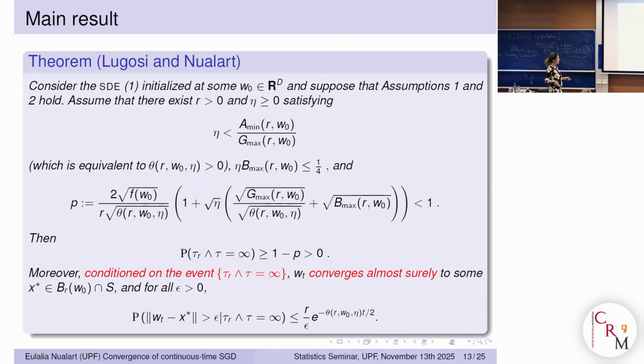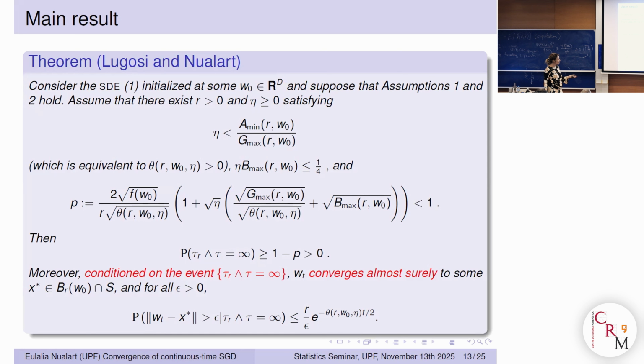We consider the event of exiting the ball and not having reached 0 in finite time, and we look at the probability of this event. We were able to bound this probability by a quantity that I'm going to explain in a minute, and show that if this quantity is less than 1, it quantifies this probability. So this is the probability that we don't exit the ball and we don't reach the minimum in finite time.